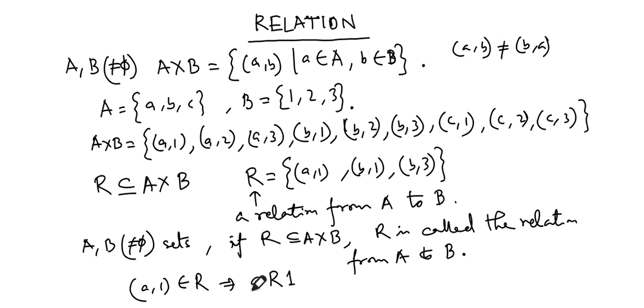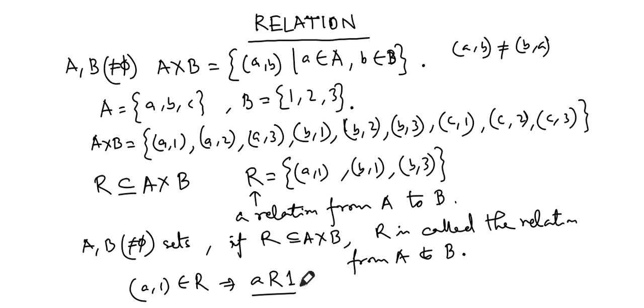That means a is related to 1 by the relation R. So a R 1 means the pair (a,1) belongs to R. This is just a way of writing.